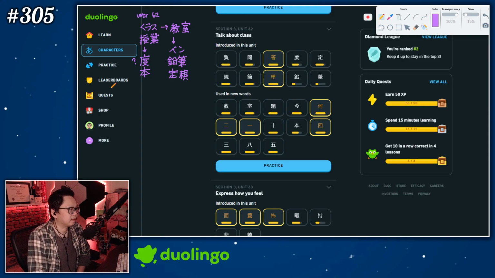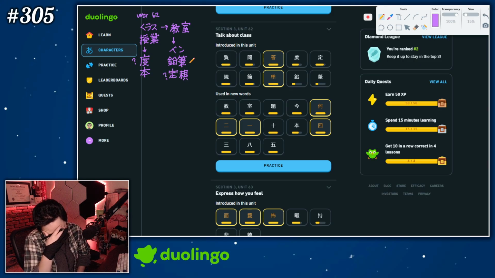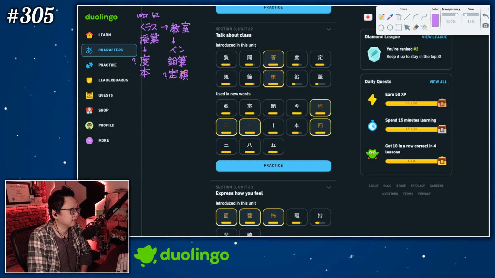I have to look this up too. I don't remember this character. Heshin? No. Hegro? Hedi? It's ruler. This is what ruler looks like. Oh gosh. Save me. Alright.